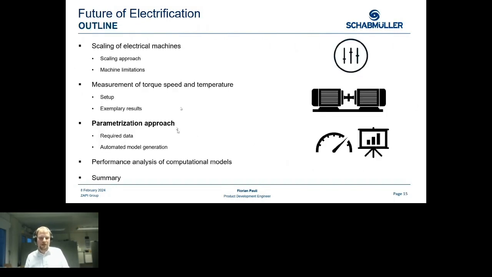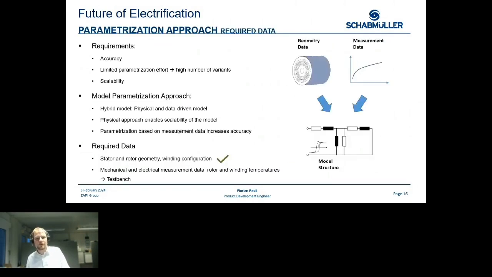So for our parametrization approach, we want to have an accurate model.